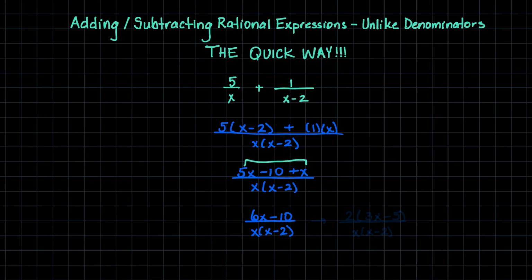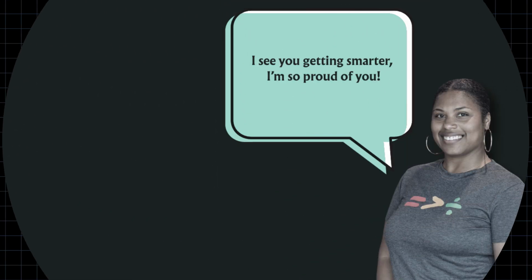In the numerator, 6x and 10 have a common factor of 2. So I can factor a 2 out, and we're left with 3x minus 5 all over x times x minus 2. The numerator and denominator do not have any common factors, so nothing simplifies to 1, so our answer is complete.